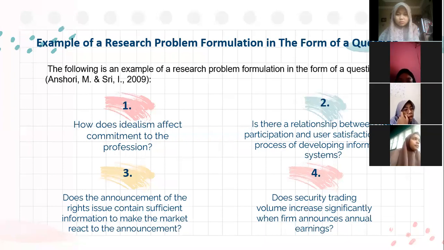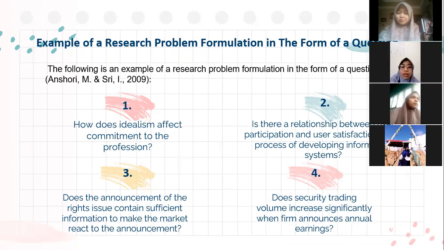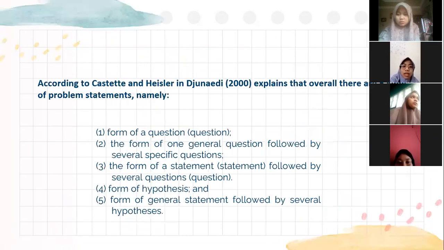Three, does the announcement of the rights issue contain sufficient information to make the market react to the announcement? And the last, does security trading volume increase significantly when firms announce annual earnings?